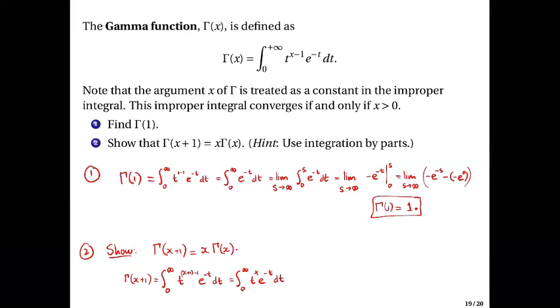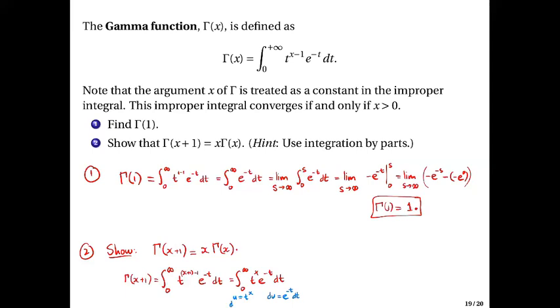And the hint, use integration by parts. So if we do that, here, LIATE, algebraic comes first before exponential. So u is t to the x, dv is e to the minus t dt. Take note, we are integrating and differentiating with respect to t.